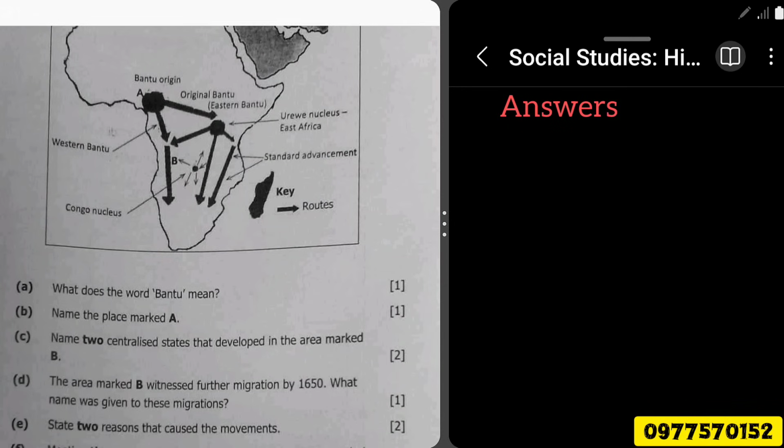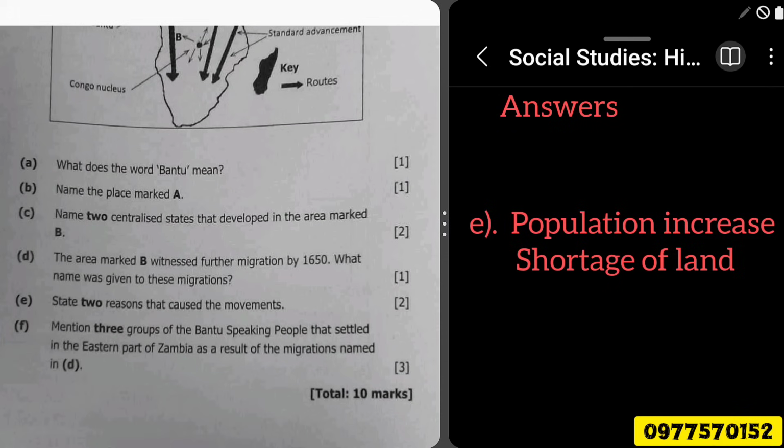C and D we've already answered. We are on E. State two reasons that caused the movement. There were a lot of reasons, so you can just get two: population increase, shortage of land, political reasons, slave trade, to mention but a few.